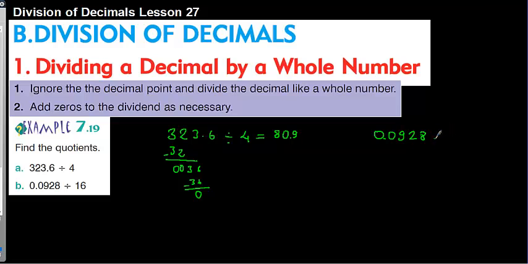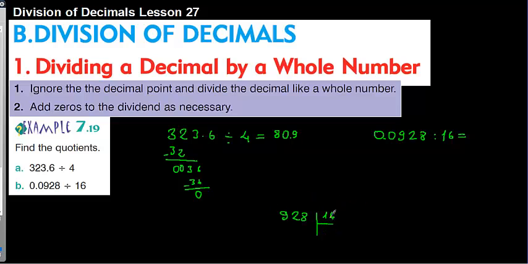So for the second one, 0.0928 divided by 16, the result is going to be, firstly I'm going to write the number like there is no decimal point: 928 divided by 16. I'm going to try to understand what the result is.